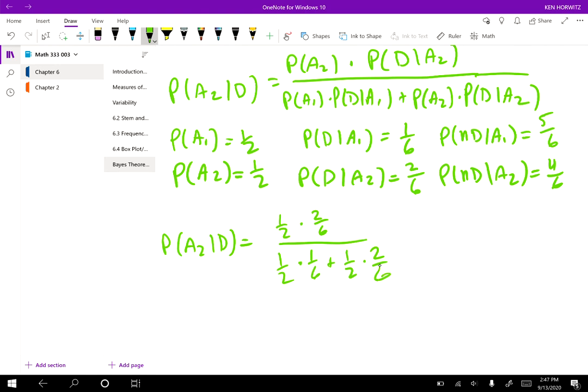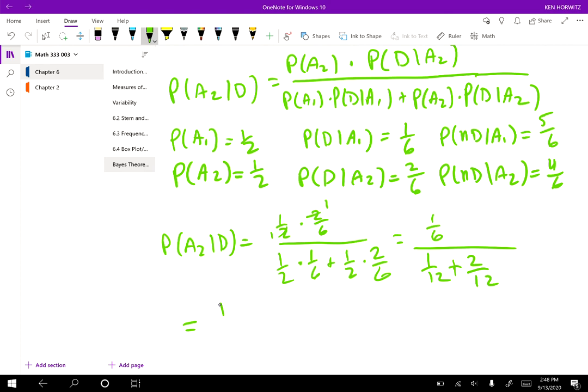All right, so 1/2 times 2/6, well, I can cancel, and I'm left with 1/6 on top. And then if I do 1/2 times 1/6, it's 1/12. And I do 1/2 times 2/6, it's 2/12. This is the reason why I didn't simplify those denominators, because I really wanted to not have to add them with unlike denominators. So I knew this would come out okay.